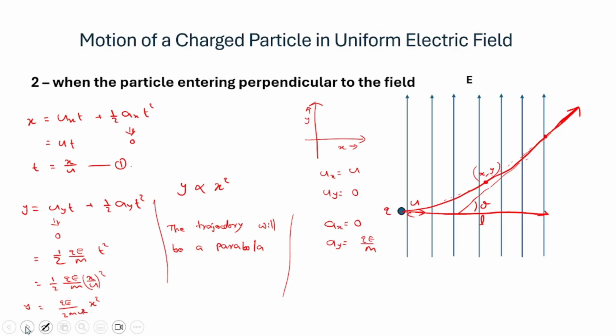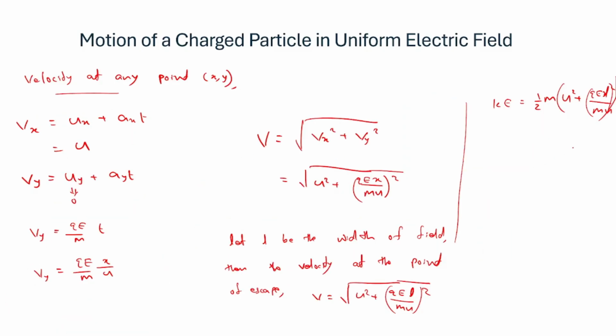And we can also find the work done by the electric field. That will be equal to force into displacement, or that will be equal to the change in kinetic energy. We can write whatever it is. The work done by the electric field will be equal to force into displacement.